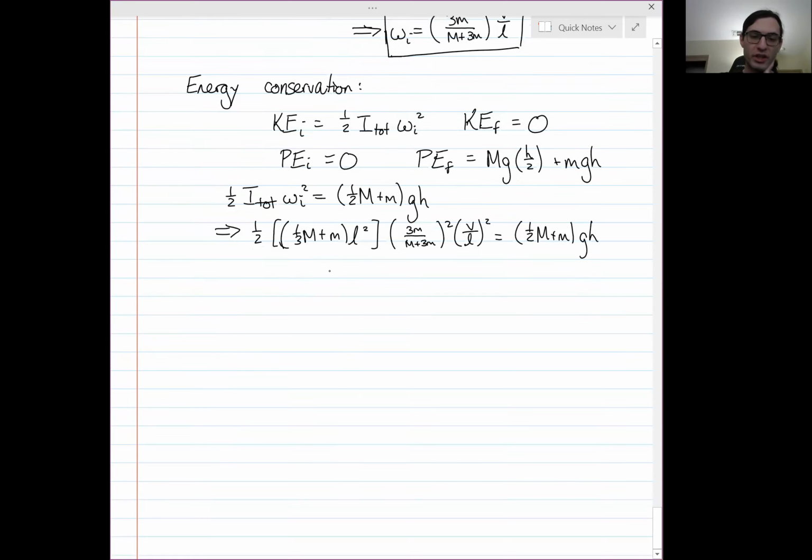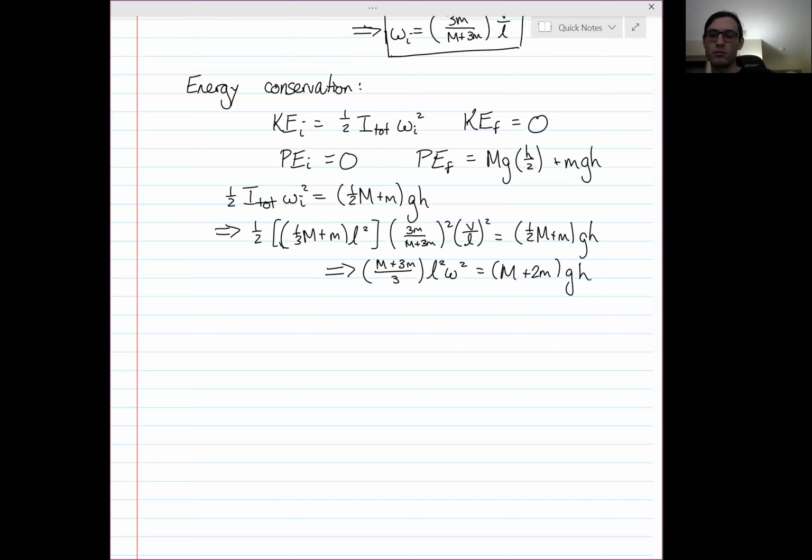Doing some algebra to this, we get the result. I want to make sure that that's correct. Yeah, that's correct. And so then we can solve for the height.